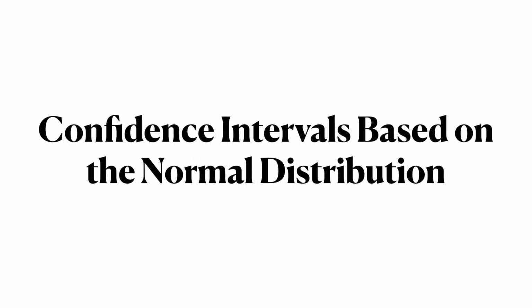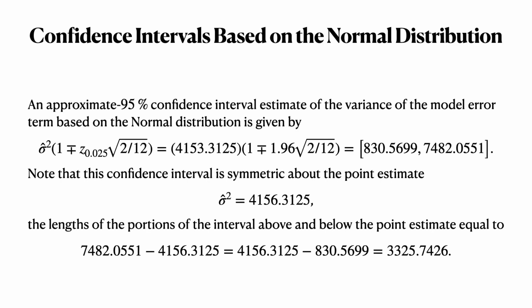Now let's construct a confidence interval for sigma squared based on the normal distribution. An approximate 95% confidence interval estimate of the variance of the model error term, sigma squared, based on the normal distribution, is given by the following expression.